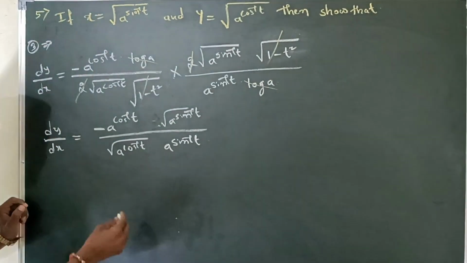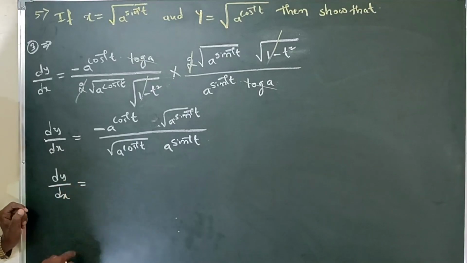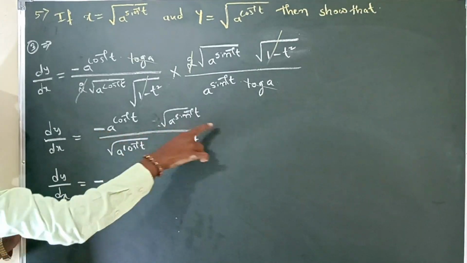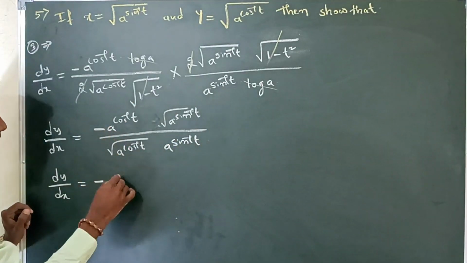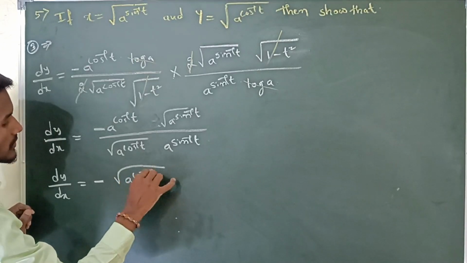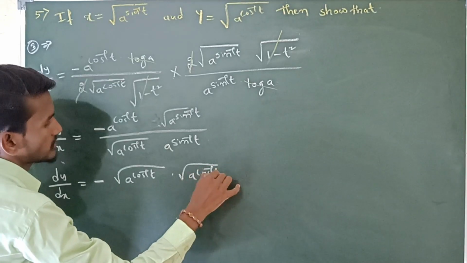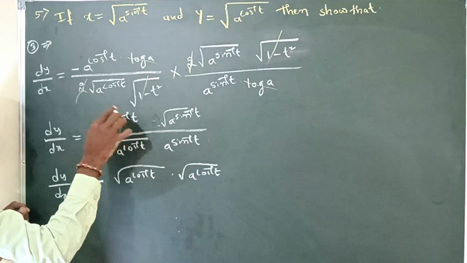You have to observe here, it can be done as dy by dx is equal to minus, as it is, this can be done as like 2 into 2, root 2 into root 2. Like that you have to write root of a to the power cos inverse t into root of a to the power cos inverse t. If you multiply these two terms, you get a to the power cos inverse t only.